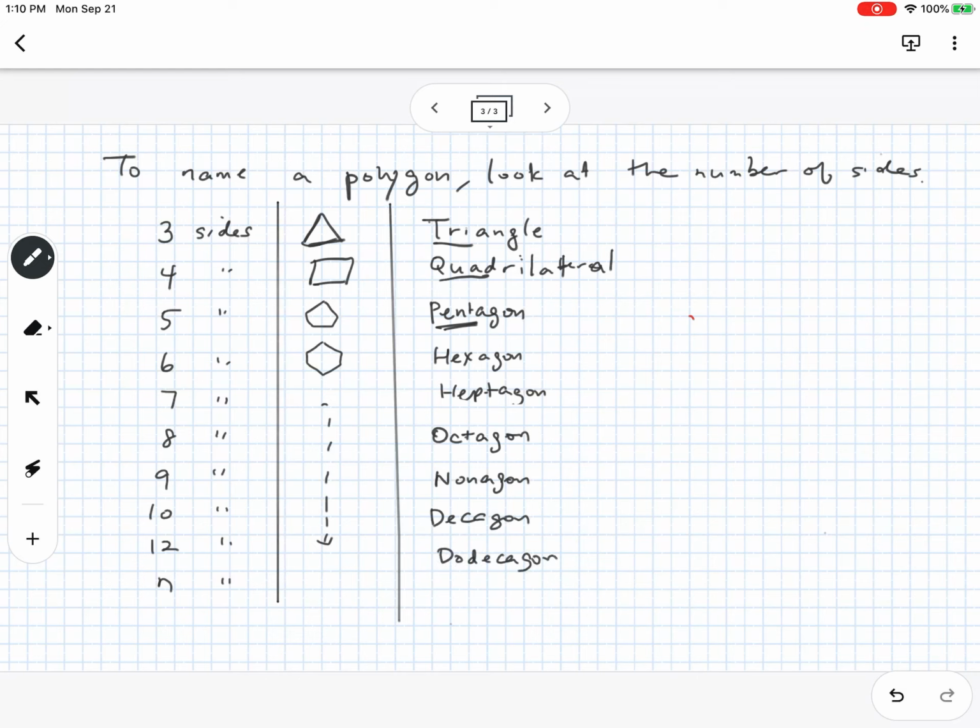A 12-sided figure would be called a dodecagon. And then an n-sided figure would be called an n-gon. So, for example, a 50-sided figure would be called a 50-gon, right? So, it's kind of interesting. So, hex, hepta, octa, non, and deca, dodecagon. Okay?